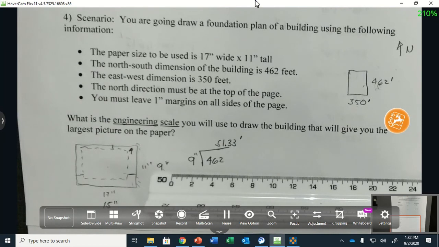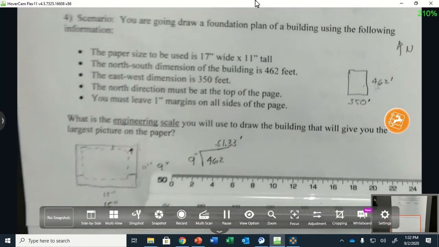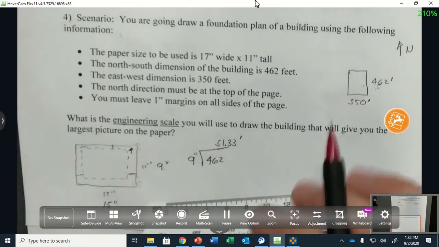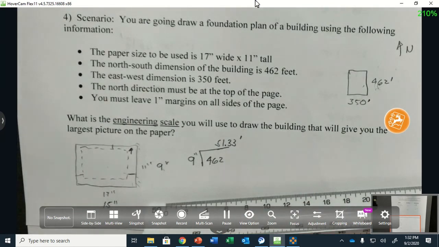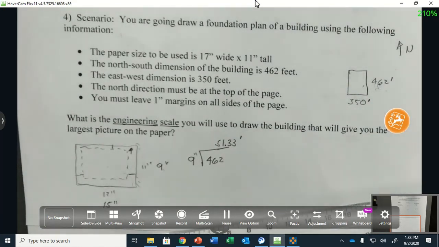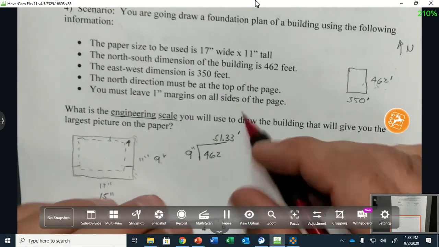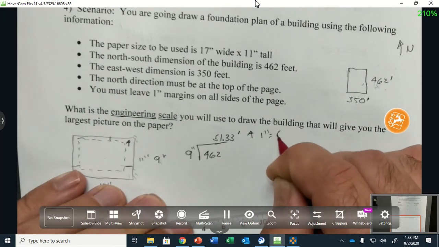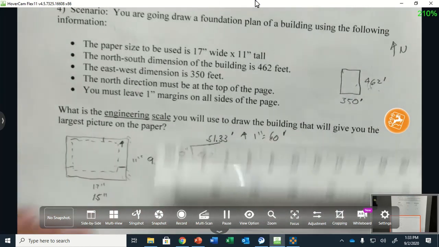Can I drop that down to 1 inch equals 50? So 9 times 50. So I have 9 inches of paper times 50 feet. I can only fit 450 feet, but I gotta fit 462 feet. So that means I gotta round this up to 1 inch equals 60 feet.